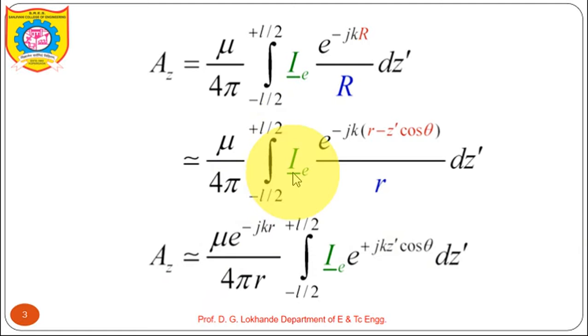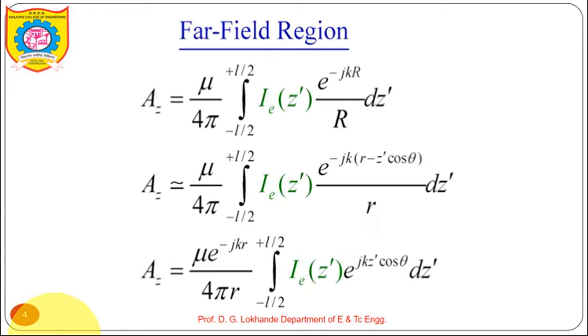After integrating this part, some of the components are constant, not related to the z component, and that's why we are collecting this component mu e raised to minus j k r upon 4 pi r. This is the constant, and for the rest we are integrating over the range minus L by 2 to L by 2, I of z dash e raised to plus j k z dash cos theta dz dash.